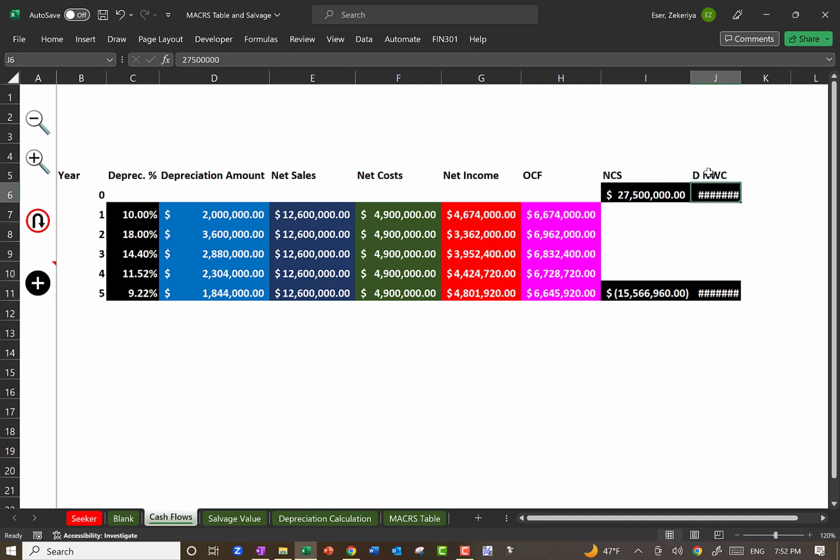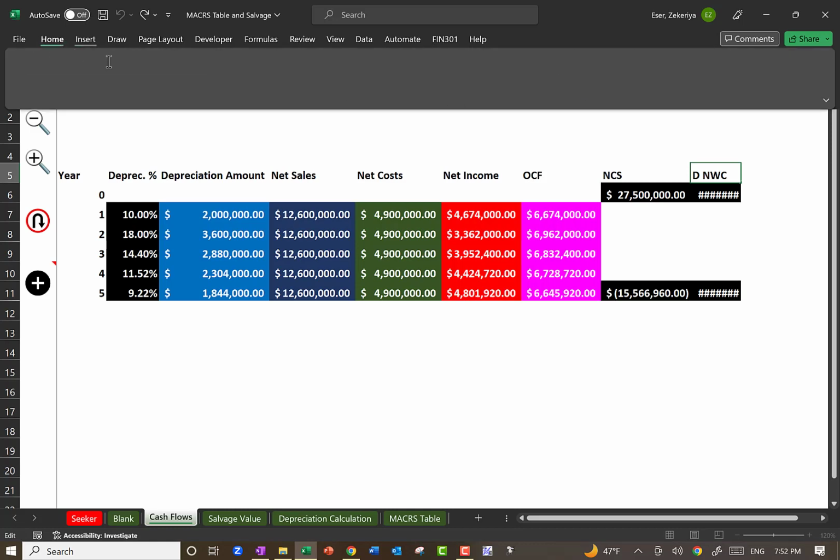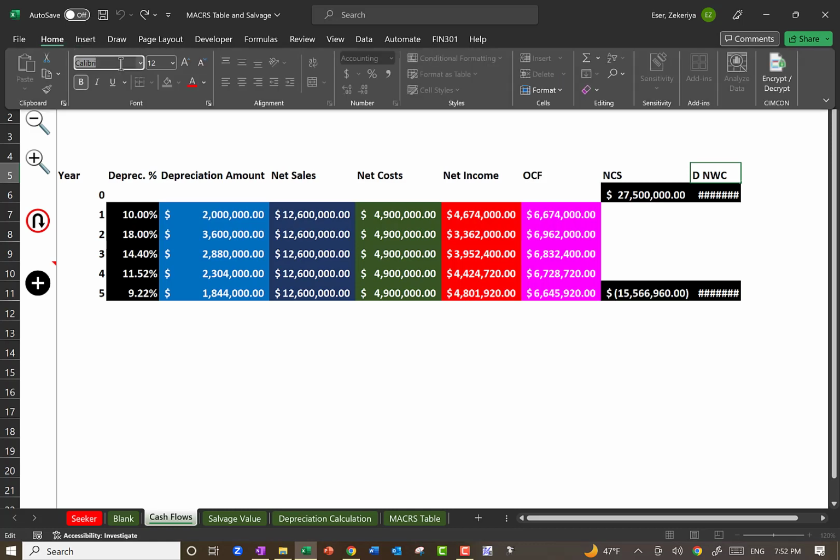Change in net working capital. And I'm going to go fancy on you and make the first letter Greek.